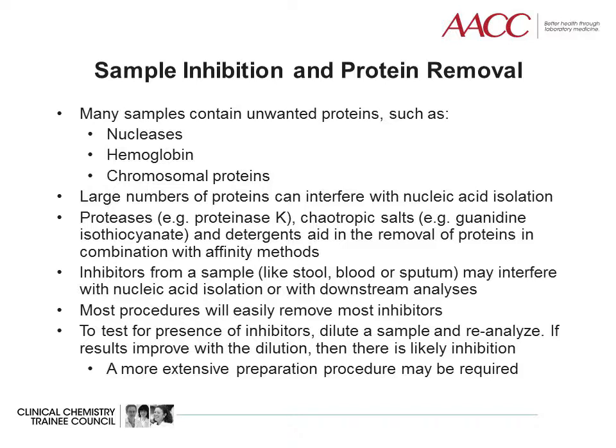While most procedures will easily remove most inhibitors, specific extraction procedures may be required to remove special inhibitors if an analysis is sensitive. To test for the presence of inhibitors, dilute a sample and reanalyze. If results improve with dilution, it is likely that inhibitors are present.